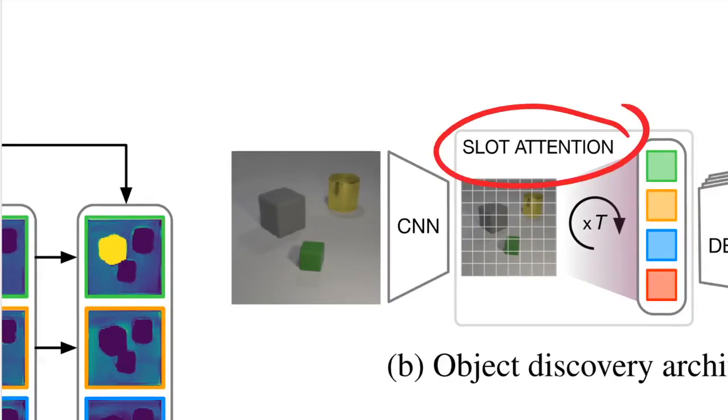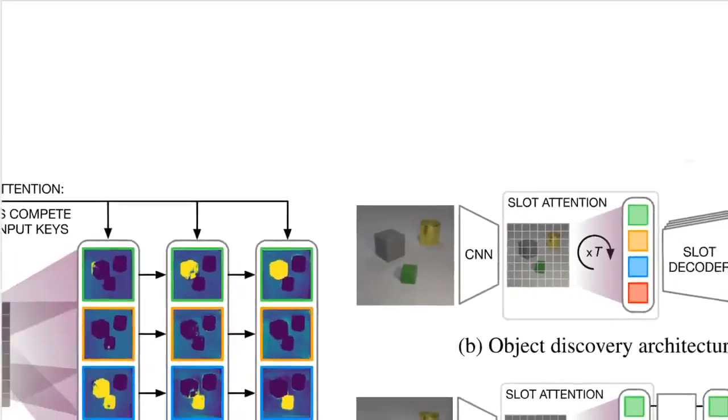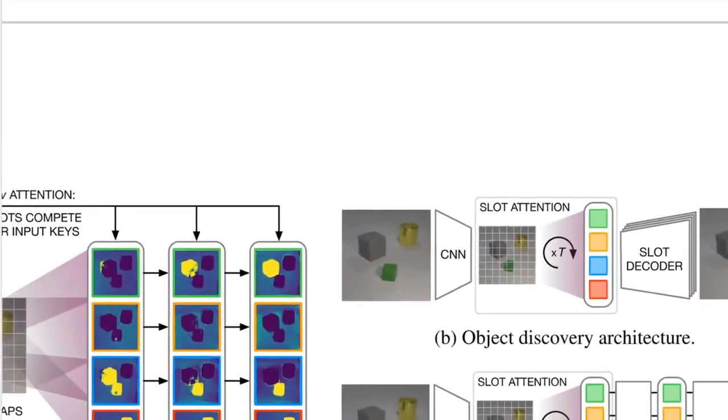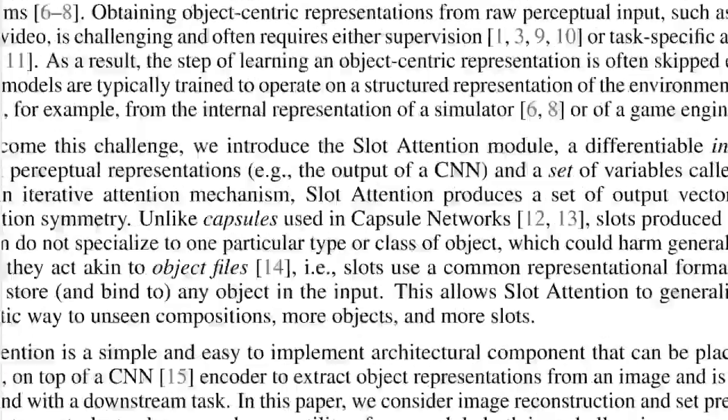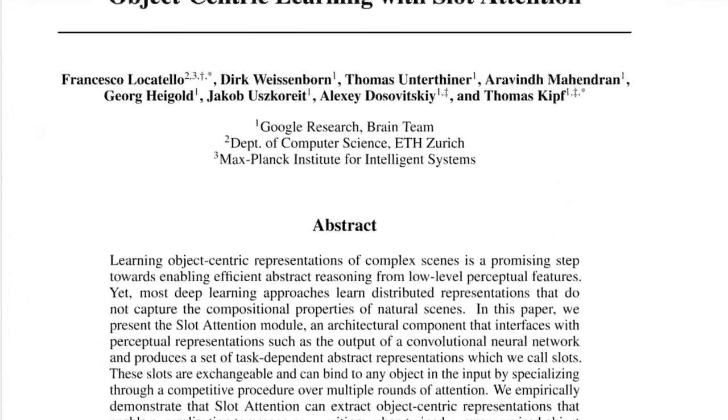And they do this in a fashion where they iteratively route the attention in order to make the different slots compete for attention over these objects. So that's the sort of high level. If you are in this field, you probably know right now what's going on. If you're not, we'll dive into it together.